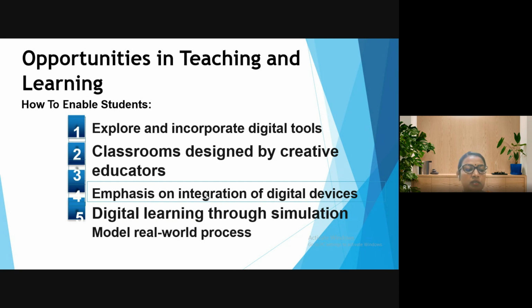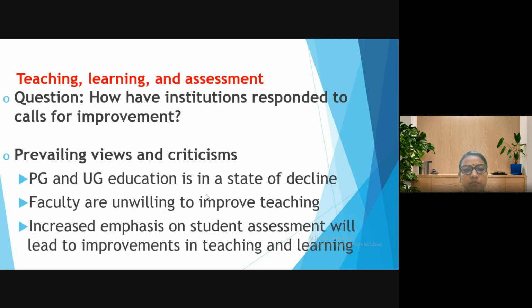So moving on, there are a lot of questions which will come to our minds. So the first question would be, how have the institutions responded to calls for improvement, where we need to have a lot of criticisms which is already available. Say, for example, the PG and UG education, they say that it is in a real state of decline, the quality I'm talking about, which is not true at all.